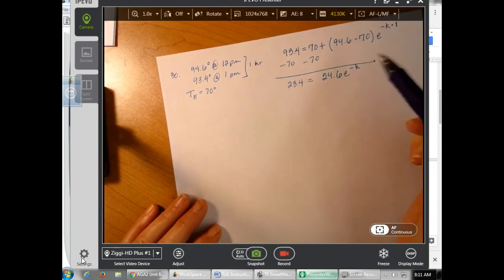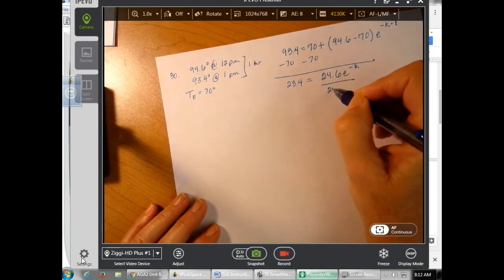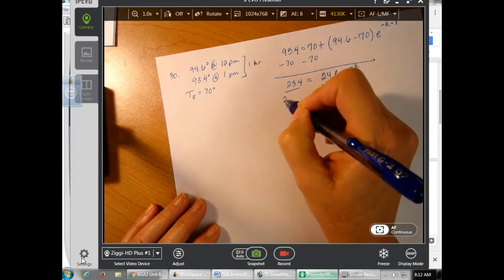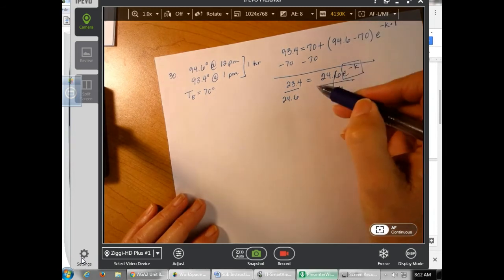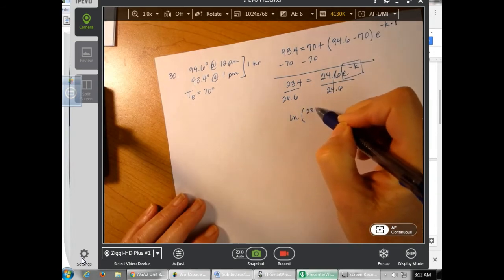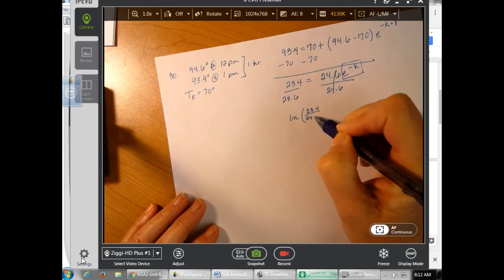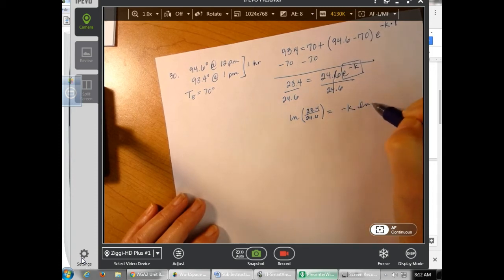Okay? So to solve for this k, the first thing I need to do is divide both sides by 24.6, because I want to get the power isolated so I can take the log of both sides. So that's where I am now. I'm going to now take the natural log of both sides. 23.4 over 24.6 is equal to negative k times the natural log of e.